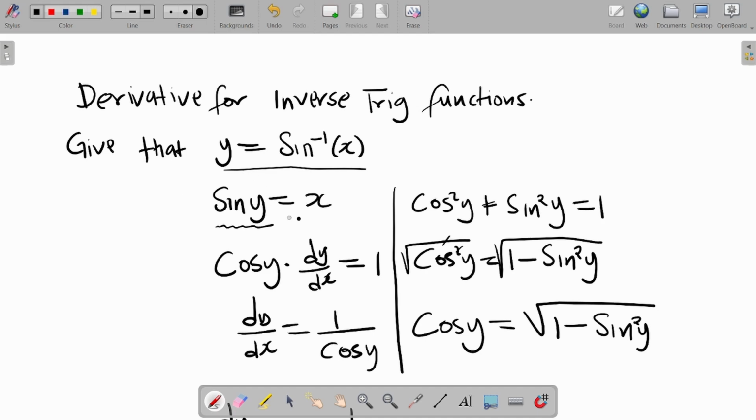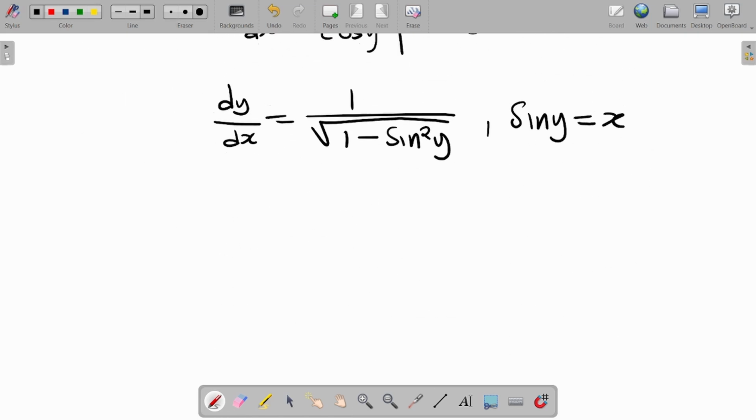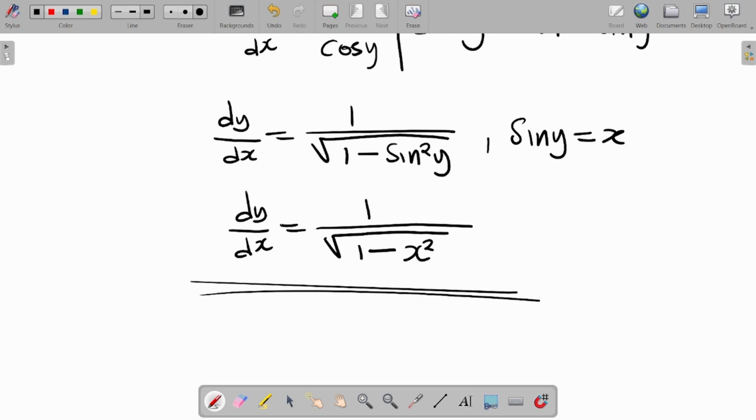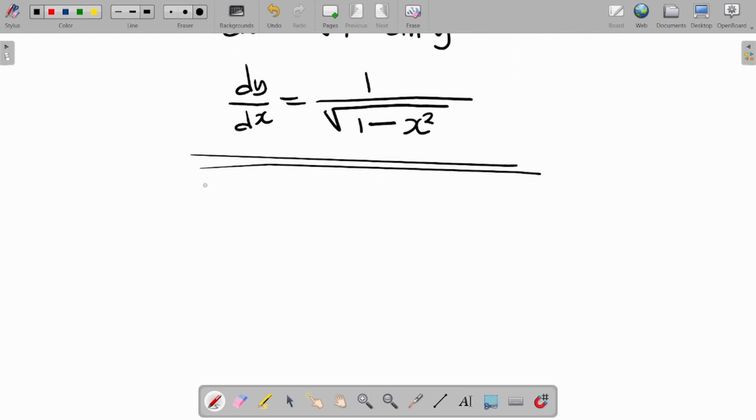So while there is sine y in the dy/dx here, dy over dx will now be equal to 1 over the square root of 1 minus, sine y is what? x. So you're going to put x squared. So this is the derivative of the inverse trigonometric function for sine.